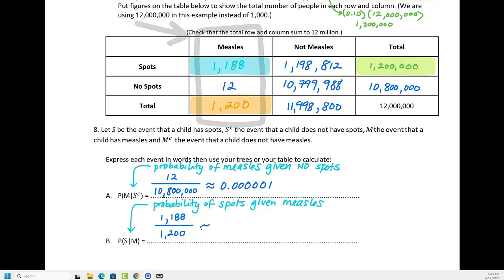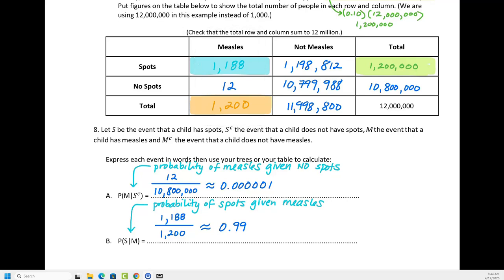And when you stick that on your calculator, you get 0.99. So 99% of those that have measles will have spots. Is that clear? Kind of a cool way to look at the data, right? Okay, so let's go to the next one.